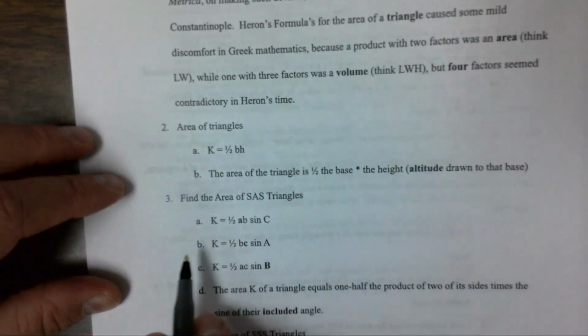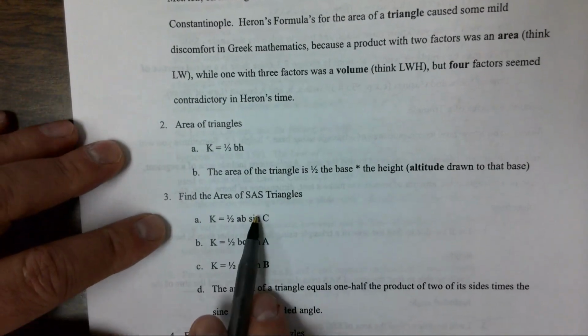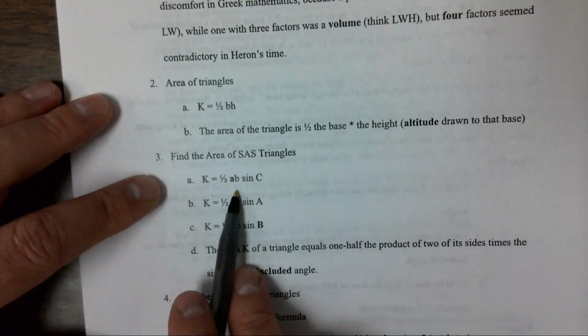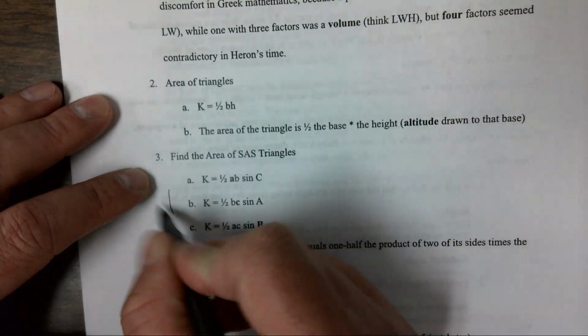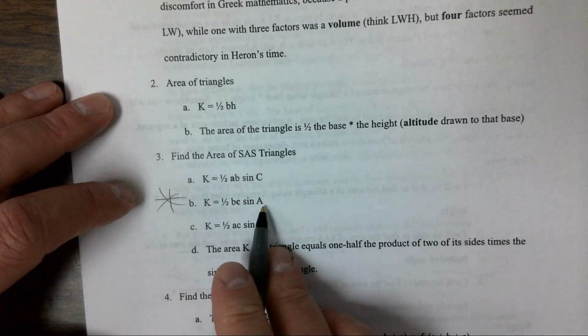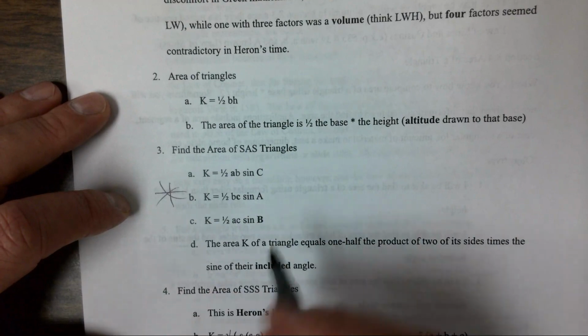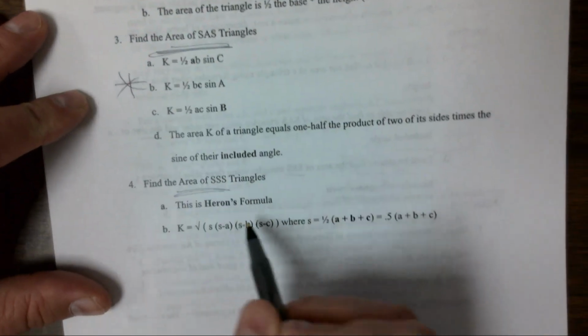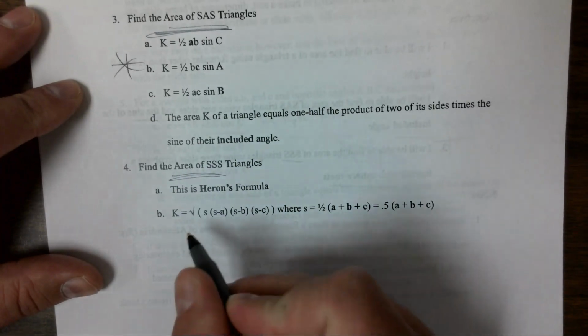Okay, so there's your basic formula. They just put K instead of A. Here's the one with side angle side. So like a half AB sine C, a half BC sine A, and a half AC sine B. So that's your area of side angle sides. And then the area of side, side, side is the one where it's going to look ugly.